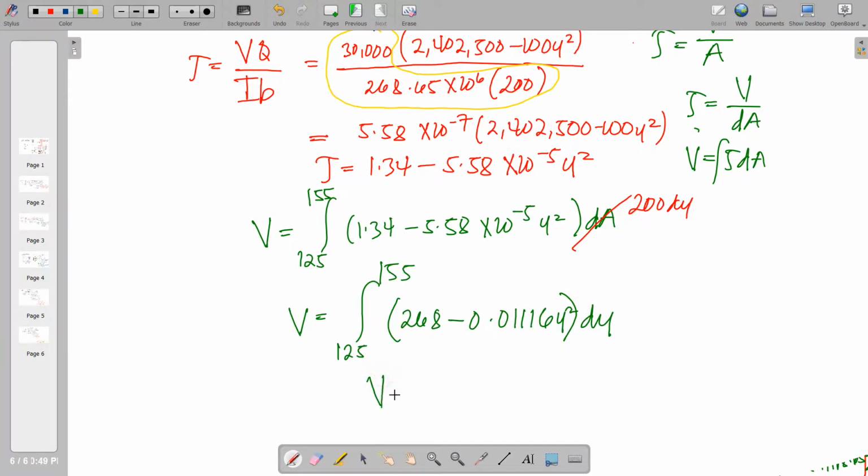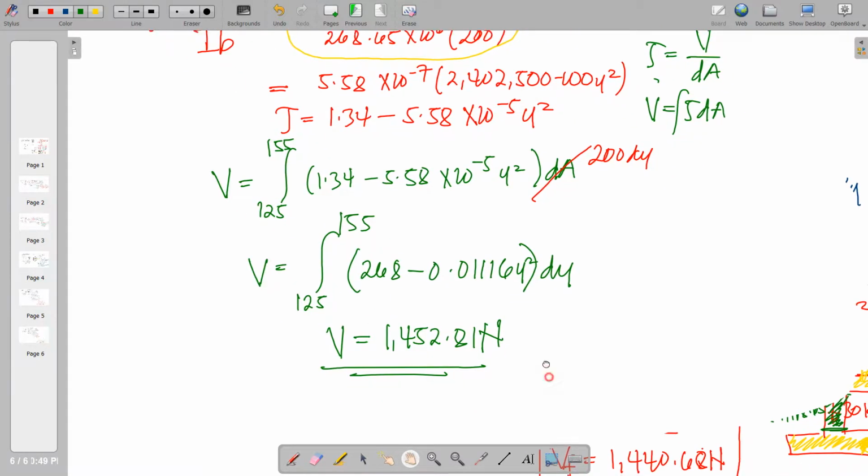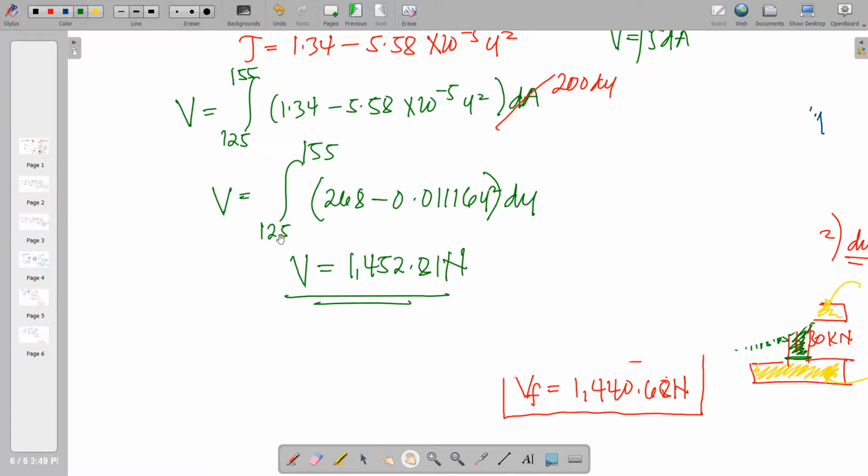So evaluating the integral, we will be having a value of 1452.8 Newton. So a while ago, the flange computed is this one, okay, 1440. So only a slight difference because of the rounding of the numbers.